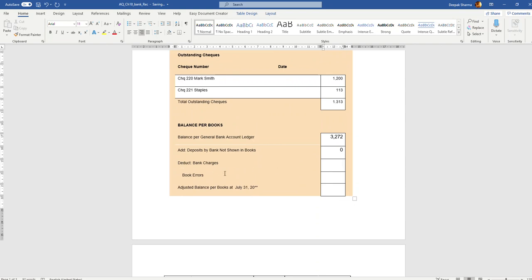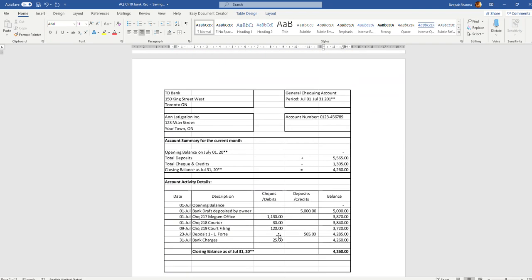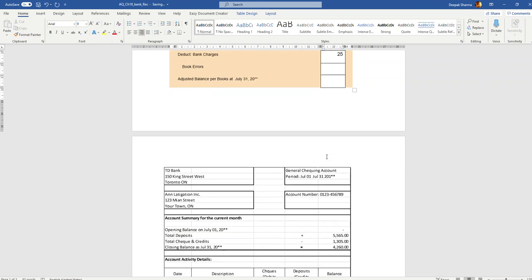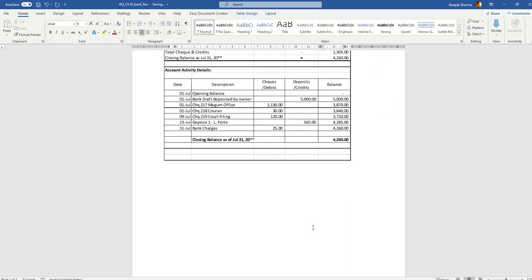Bank charges. Now with bank charges, we only find out when we get the bank statement. So the bank charges are right here. That's $25. So you put the bank charges right here, 25 as a minus. Bank error. Sorry, this is a book error. Book error is any error you made.